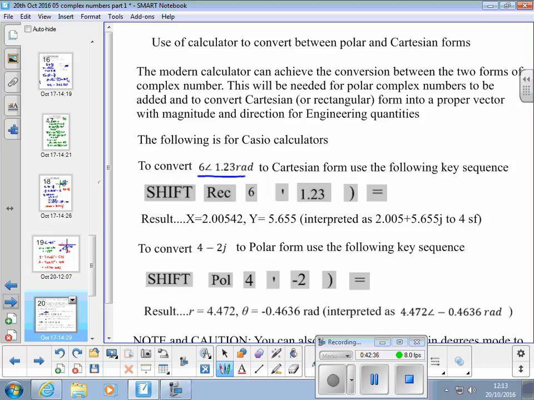You push the shift key, then the key with rec on top of it. On my calculator, it's a -1. Shift rec, you're converting to rectangular. In the brackets, you put 6, and then you push shift and the comma, which is on top of the closed bracket symbol.